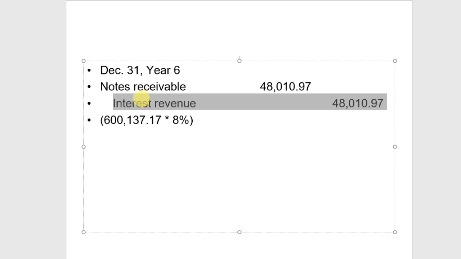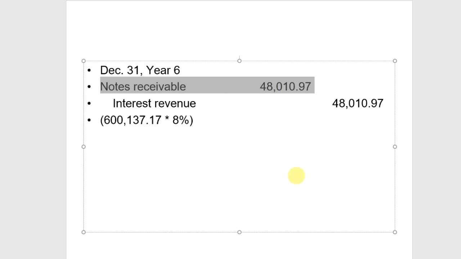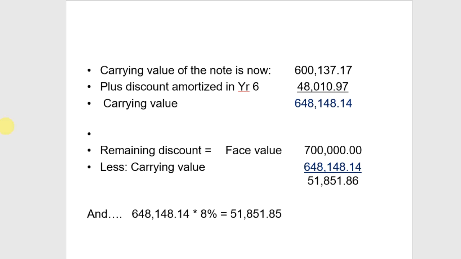So instead of debiting interest receivable, which is what you would do for a standard interest-bearing note, we're going to debit the note itself, and you'll notice that our note was 600,000. We just added 48. Now we're at 648,000 and change. So at the end of year 6, this is the carrying value of our note.